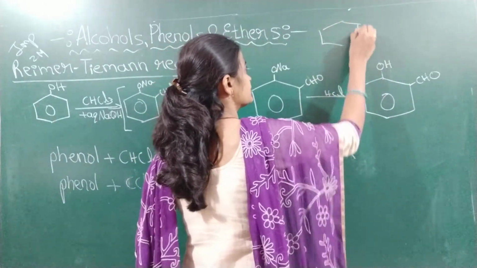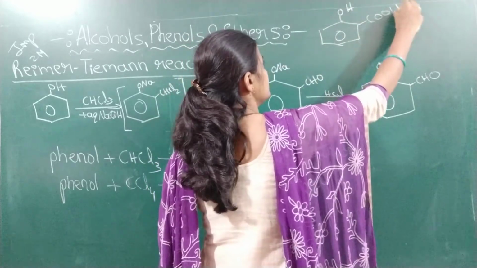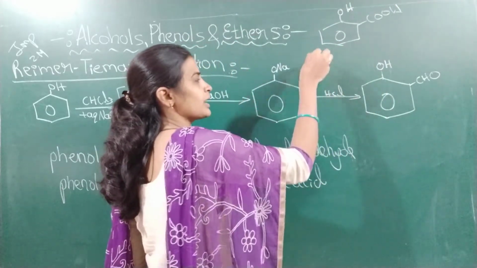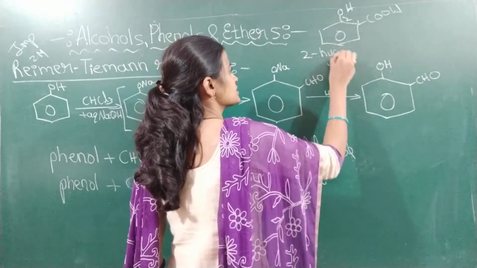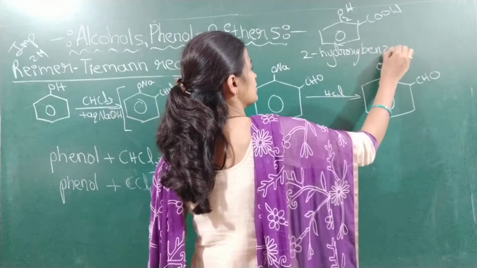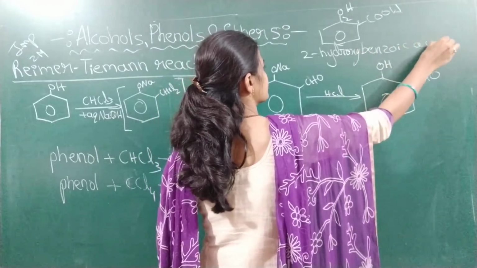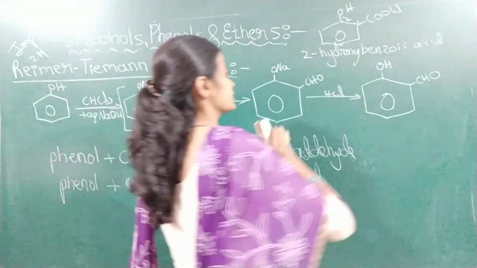Previously you have written Kolbe's reaction, no? This is salicylic acid, but the IUPAC name is 2-hydroxybenzoic acid. Remember.